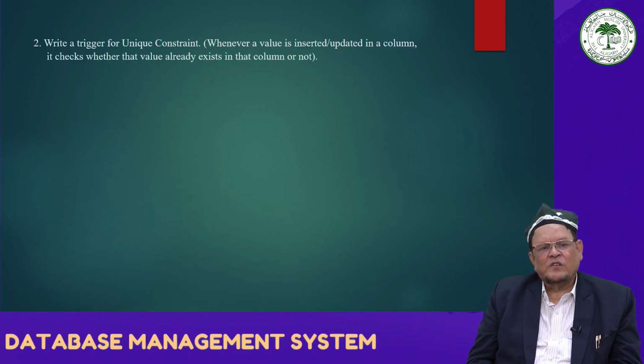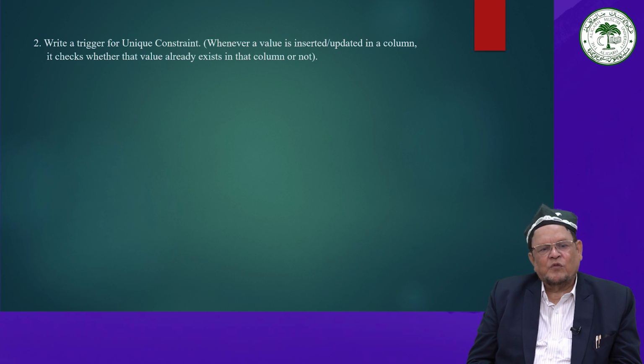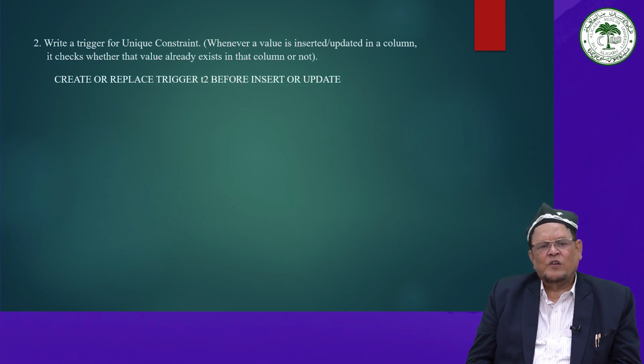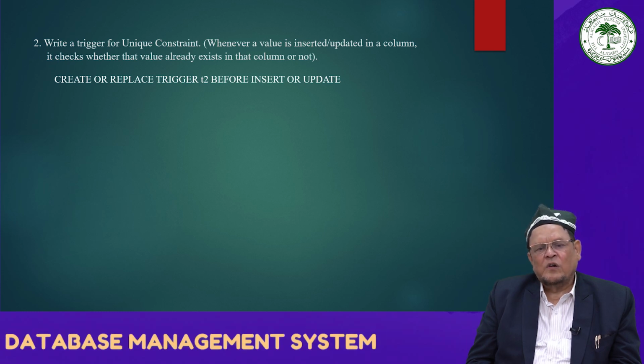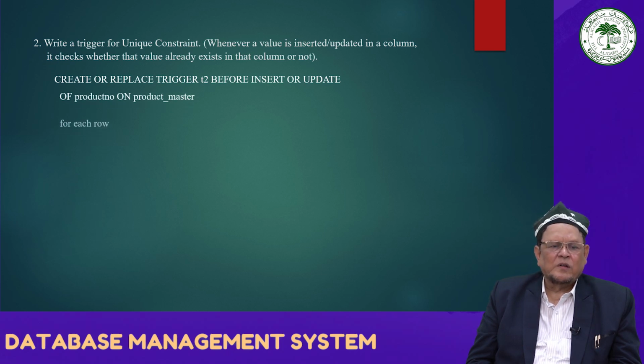The next question: write a trigger for a unique constraint. Whenever a value is inserted or updated in a column, it checks whether the value already exists in the column or not. For that you have to write the same way. You have to create or replace trigger T2 before insert or update of product number on product master for each row.